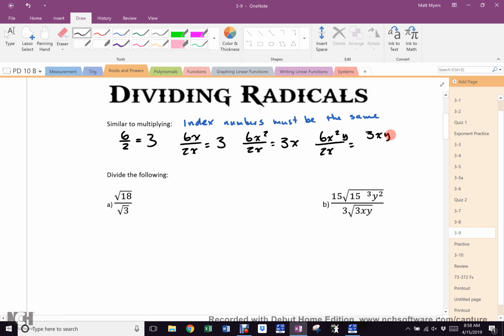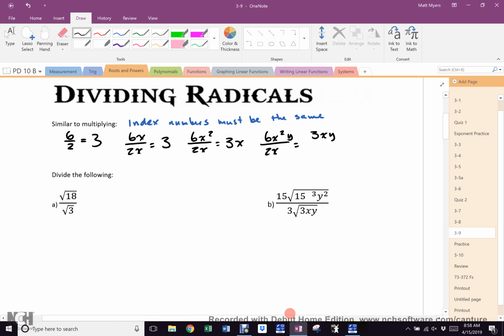So, logically, again, and I use the word often, what logically is this answer? Three root 2. And now you know how to divide fractions. So what is this answer? Square root 6.